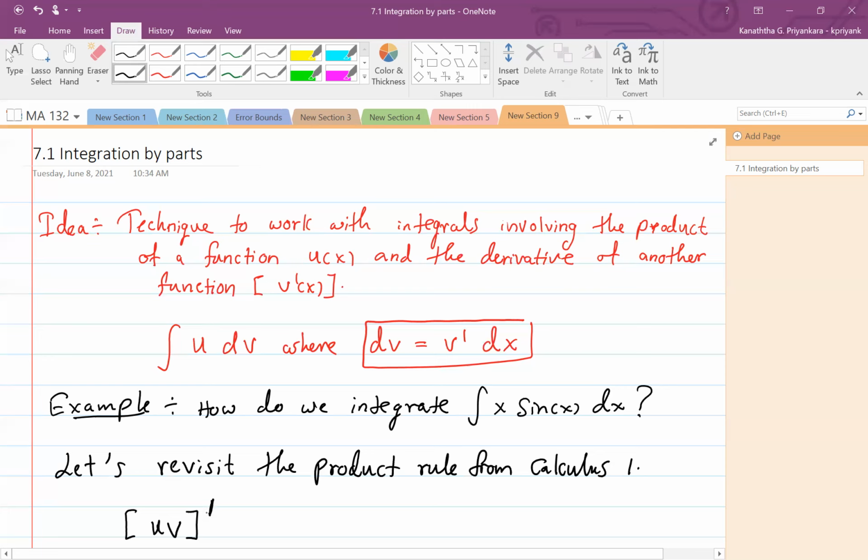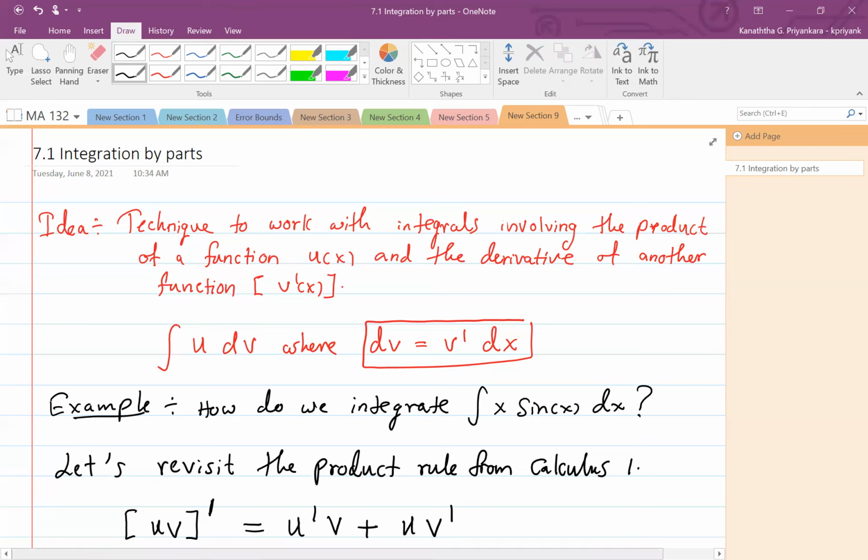That's what this prime represents. So this notation means the derivative. So you can apply the product rule: the derivative of the first function, which is u prime, times v, plus u times the derivative of v, which is v prime. So that is the product rule.